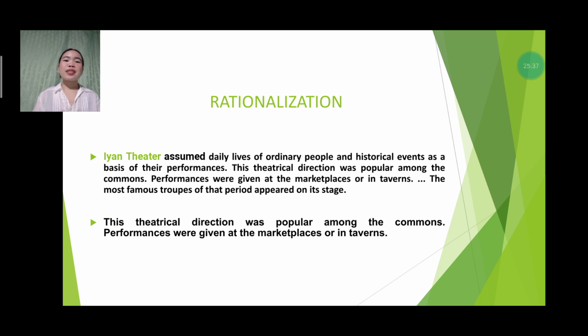For our rationalization, Ian Theater assumed daily lives of ordinary people and historical events as a basis of their performances. This theatrical direction was popular among the commons. Performances were given at the marketplaces or in taverns. The most famous troupes of that period appear on its stage.